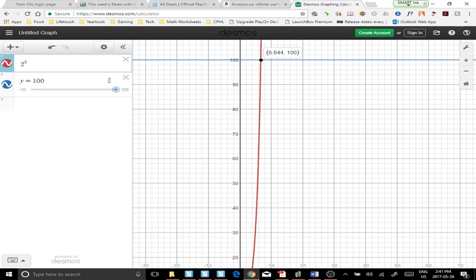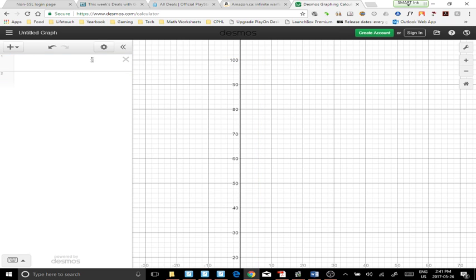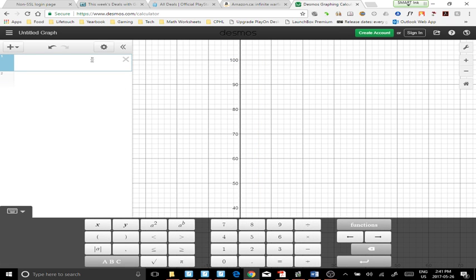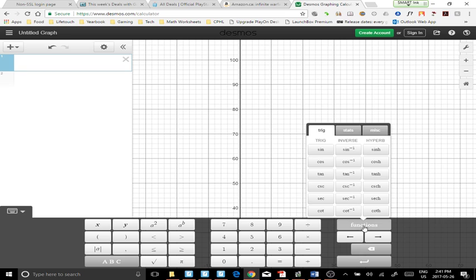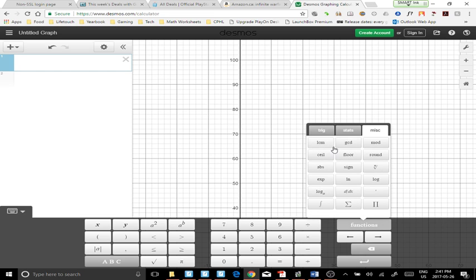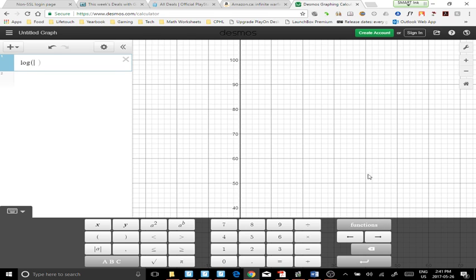But you know what? I haven't tried this, but I think Desmos does the same thing. If I go to Desmos and I go to functions, and I type in log of 100, and then I divide that by the log of 2, I'm not graphing anything with Desmos. I'm just typing in log of 100 divided by log of 2. Desmos tells me the answer.